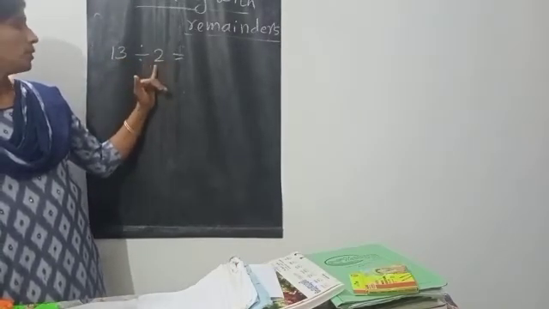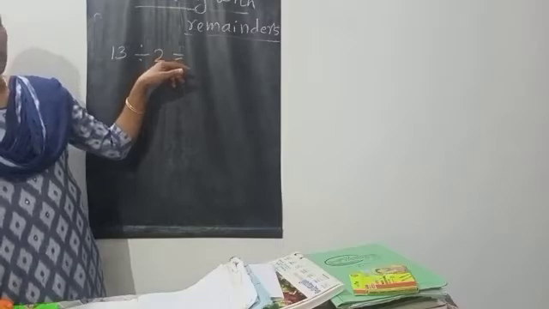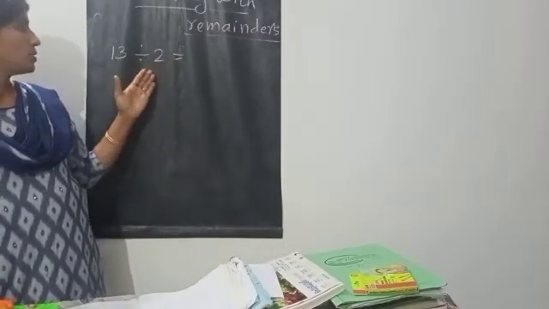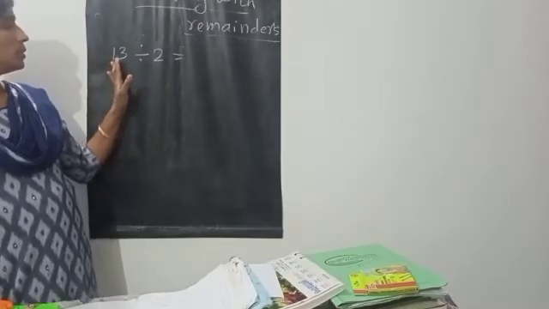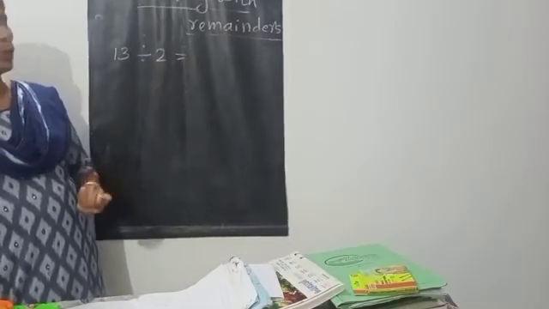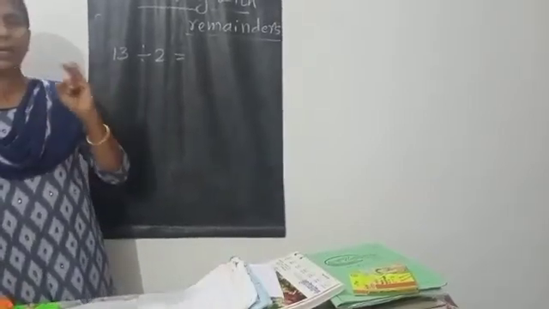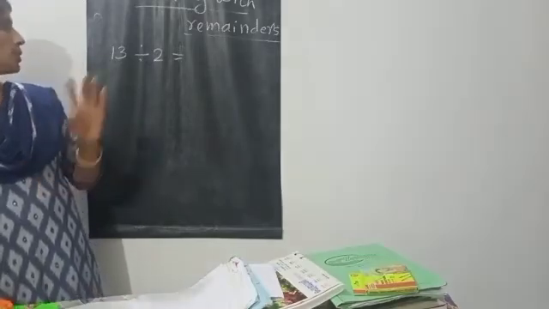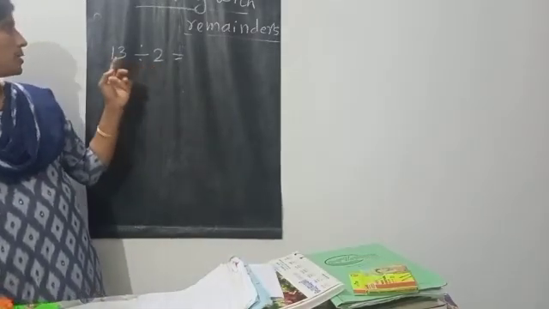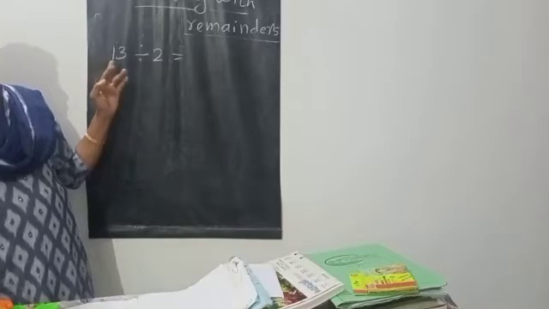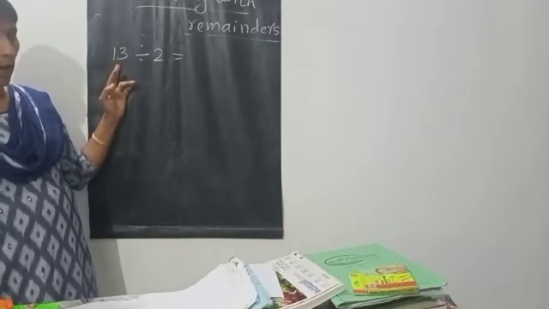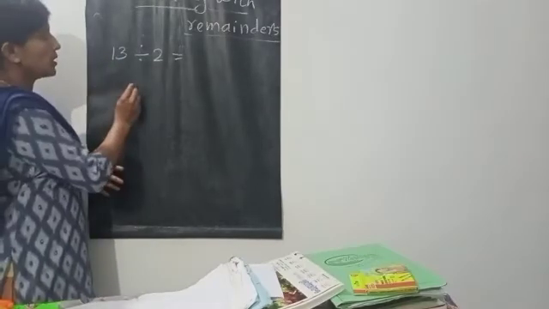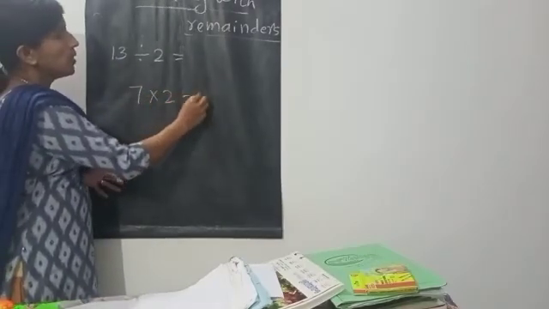For finding that, we can say the multiplication table of 2 up to 13. 1 time 2 is 2, 2 times 2 is 4, 3 times 2 is 6, 4 times 2 is 8, 5 times 2 is 10, 6 times 2 is 12, 7 times 2 is 14.